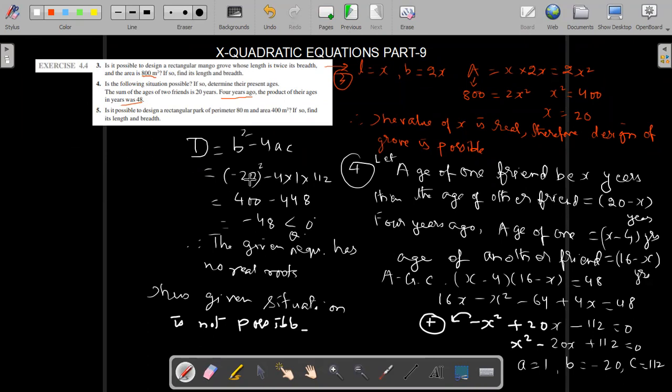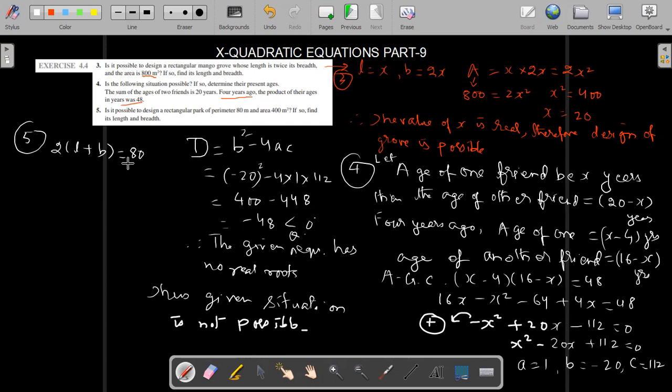Generally, you are not going to get this type of question, is it possible; generally they give questions to solve. Fifth: is it possible to design a rectangular park of perimeter 80 and area 400? Perimeter means 2 into length plus breadth is equal to 80.